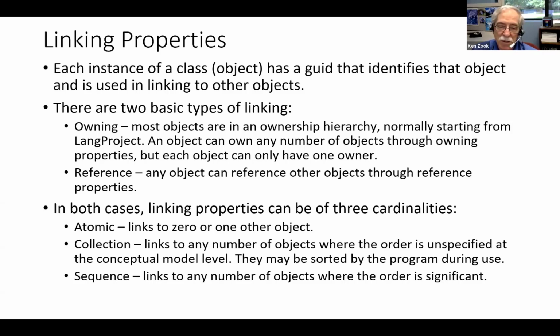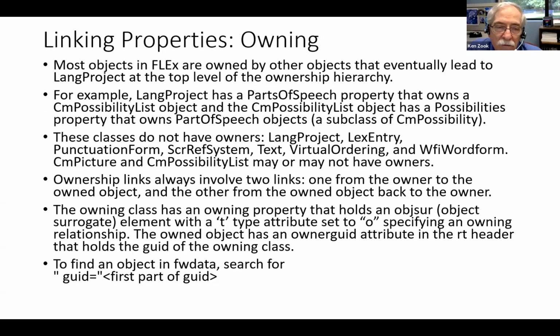In both cases, linking properties can be of three cardinalities. We can have atomic, where the link has to be 0 or one object. We can have collections, where the links are to any number of objects where the order is unspecified at the conceptual model level. They may be sorted by the program during use. And then we have sequence properties, which link any number of objects where the order is significant as stored. So those are the different kinds of linking we have.